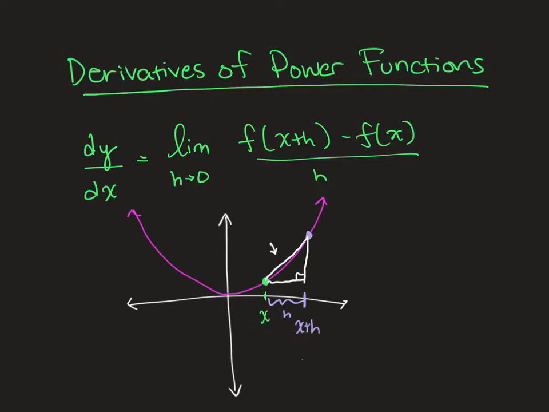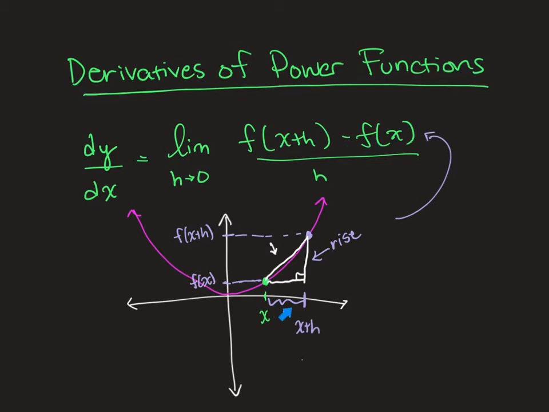This value right here is going to be f of x. And this value right here is going to be f of x plus h, whatever value I'd put in there. And so this right here, which is our rise, would be that: literally, the bigger value minus the smaller value.